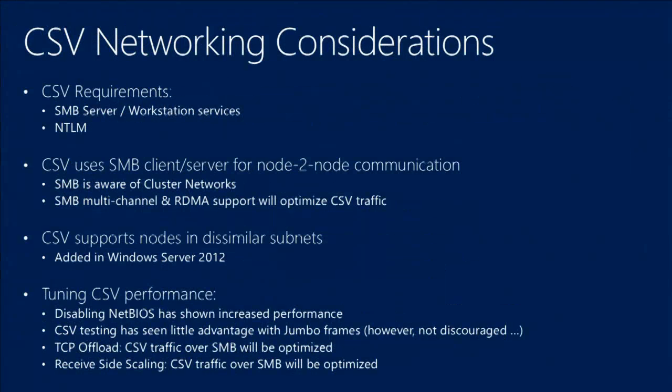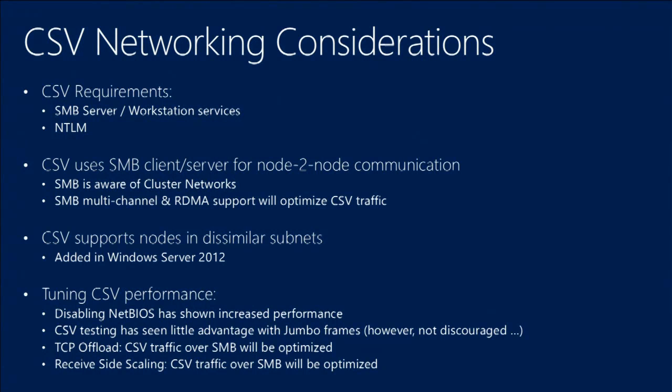So in terms of networking considerations for cluster shared volumes, it uses SMB for communicating between nodes. So ensuring the SMB server service and the corresponding services are enabled is important. CSV uses NTLM for authentication, and so NTLM needs to be enabled.